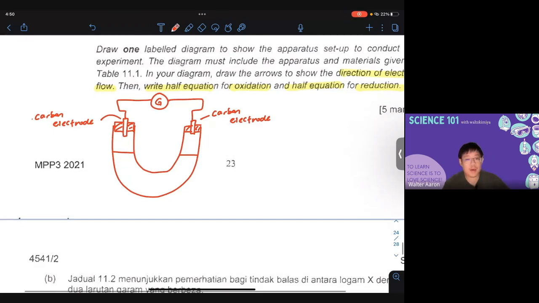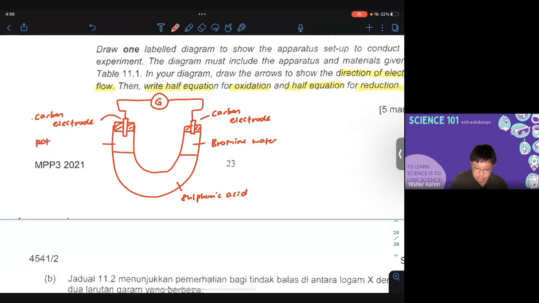So you have bromine water on one side, sulfuric acid over here, and then potassium iodide that side. Okay, so once you label everything correctly, everything should be done already.